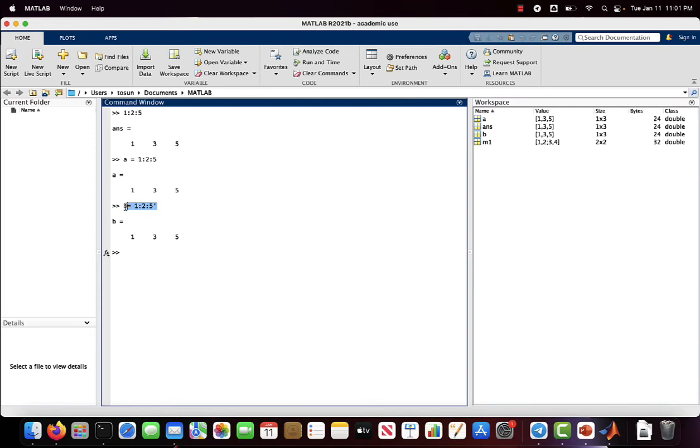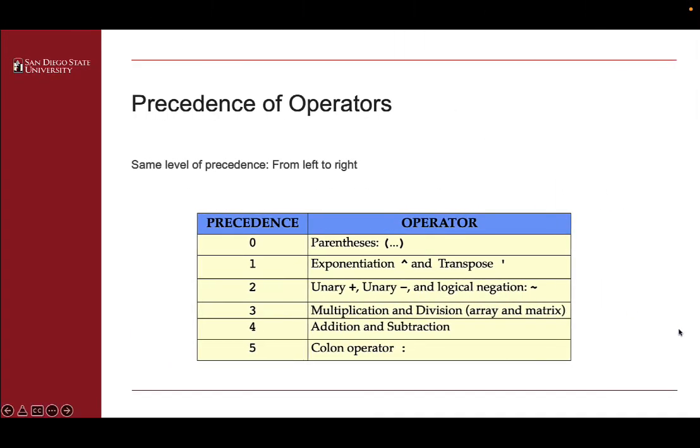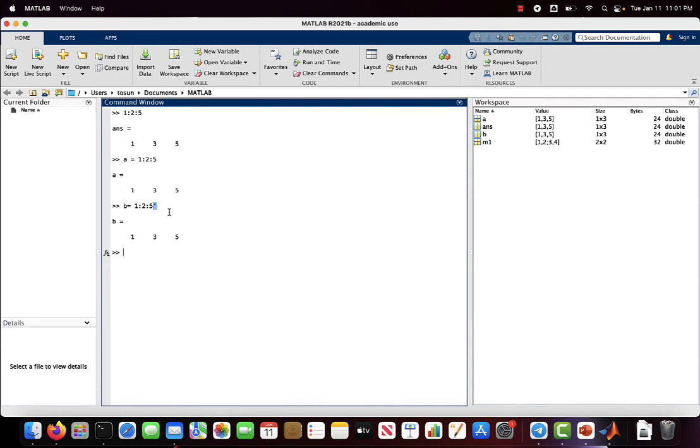In this command, the priority is the transpose operator. Because in the table transpose has higher priority than the colon operator. So Matlab executes the transposition before the colon operation.